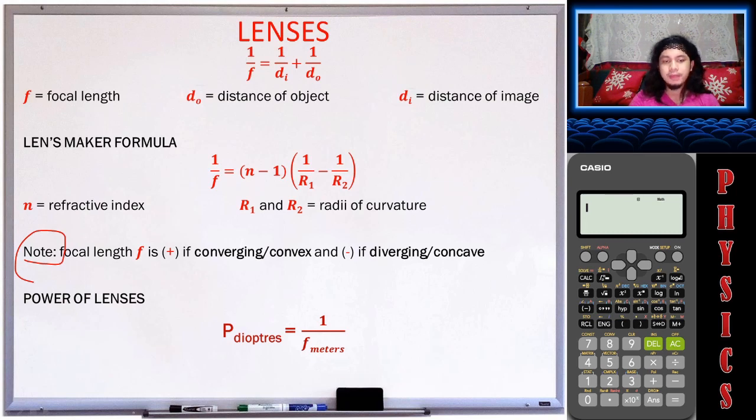And then, the power of lenses is in diopters. That's the unit of the power of lens. The formula is just the reciprocal of our focal length in meters, so 1 over focal length in meters. Pwede siyang dioptres or diopters, same lang yan. Ito lang is British spelling.